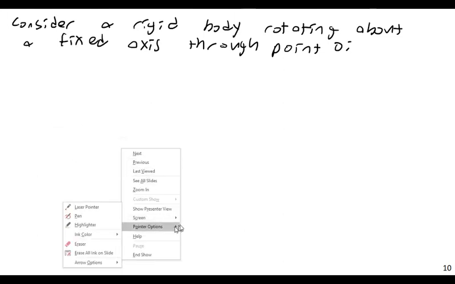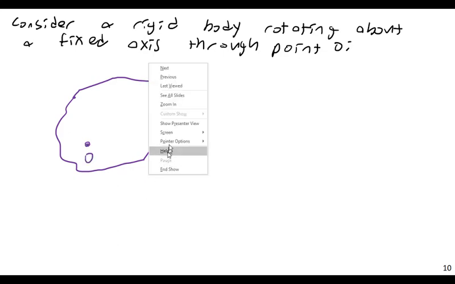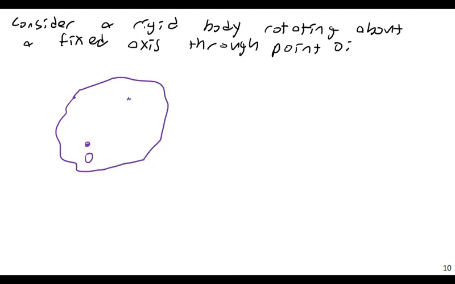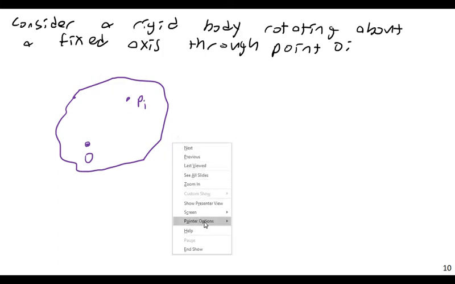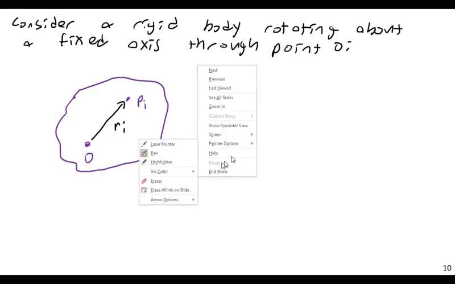Let me write this. So we have some point O, and I'm going to have some particular particle i, and then maybe I'll have Ri, which is the radius or the vector from here to here, and then I can say that this thing has a rotational velocity of omega.